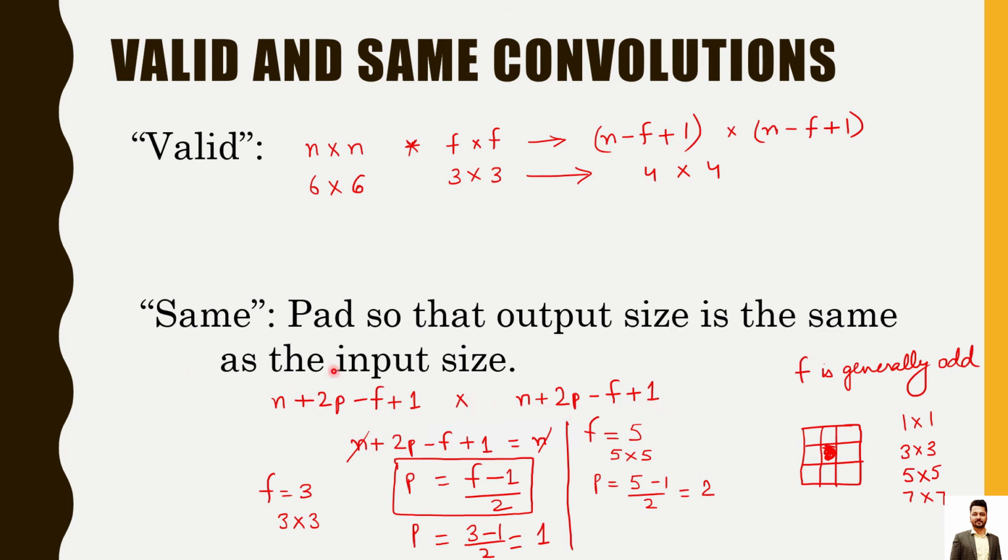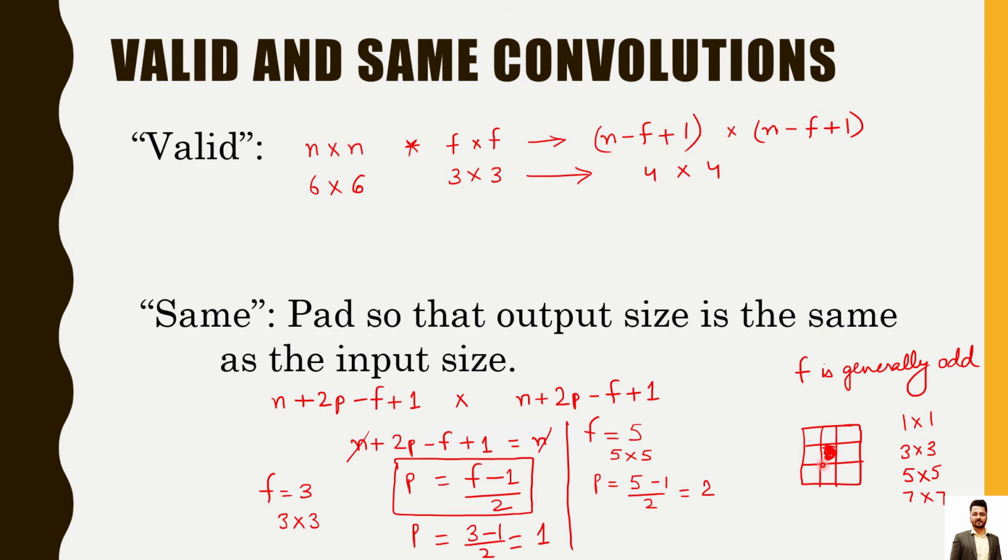Now you want this value to be equal to n, and if you solve this, you will see that p is equal to f minus 1 by 2. Let's say your filter size was 3, your padding should be equal to 1 using this formula. If your filter size was 5 cross 5, your padding should be 2. So this filter size is generally odd, 1 cross 1, 3 cross 3.